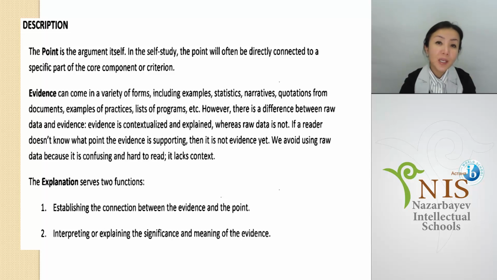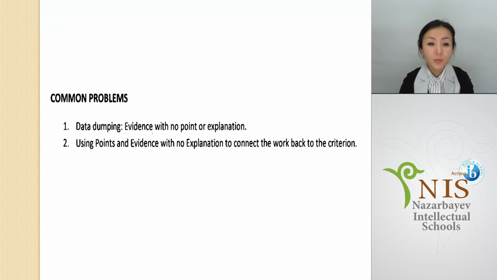Then they're going to explain why they gave this evidence. So all should be connected: point, evidence, and explanation. Common problems: data dumping, evidence with no point or explanation. I said about that before. And using points and evidence with no explanations to connect the work back to the criterion. So if they have a point and evidence and no explanation, there is no PEE structure. If they have a point and evidence, they have to have an explanation.